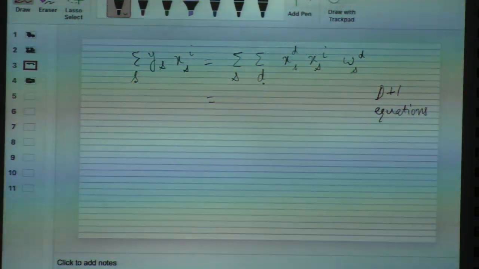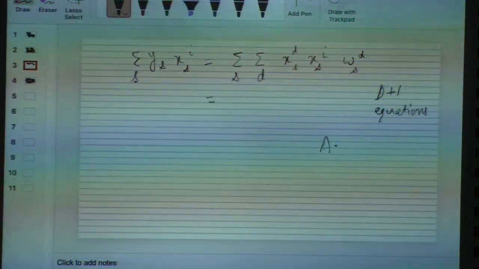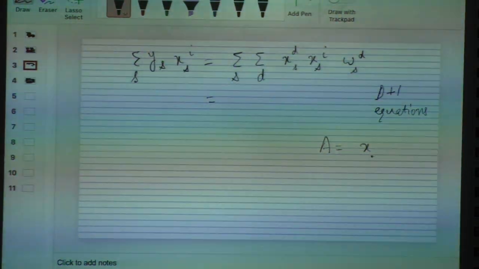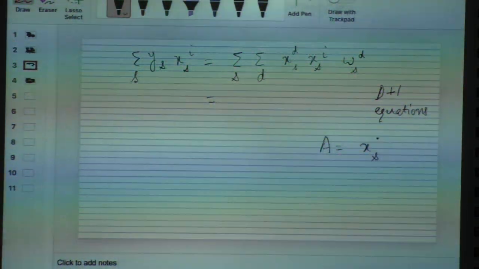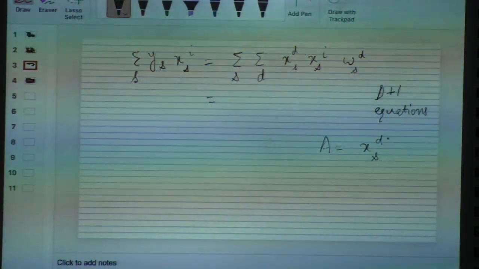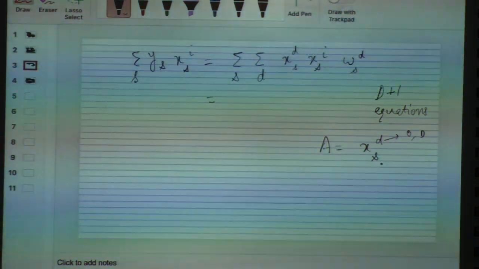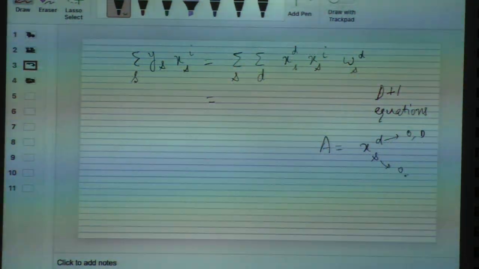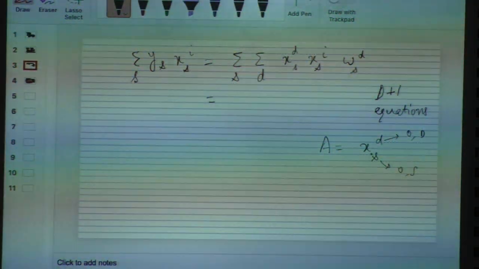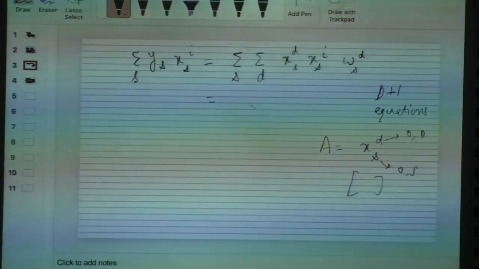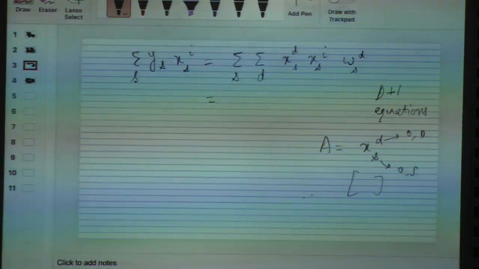If my A matrix is xs to the power d, where d goes from 0 to D and s goes from 0 to S, so this is a matrix like this.